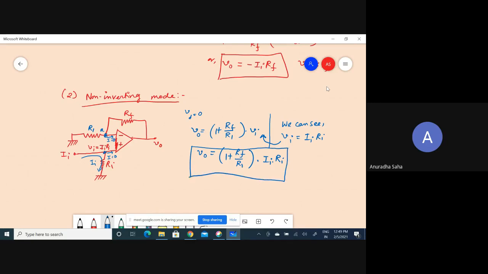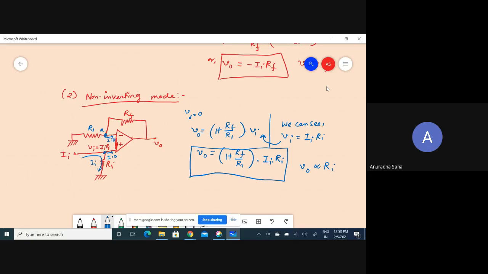This is your final expression of output voltage, where you can see that the output voltage is proportional to the resistance, either this Ri, or also to this feedback resistance.